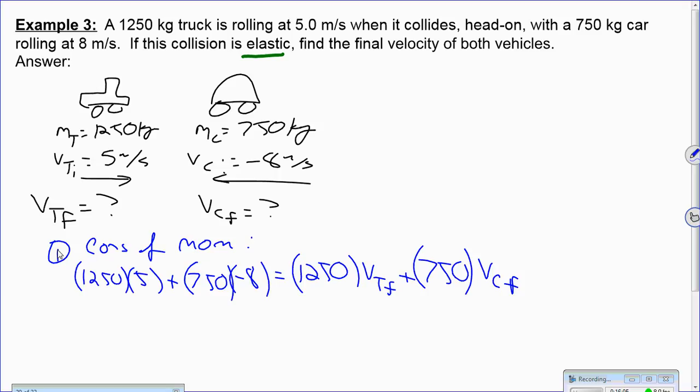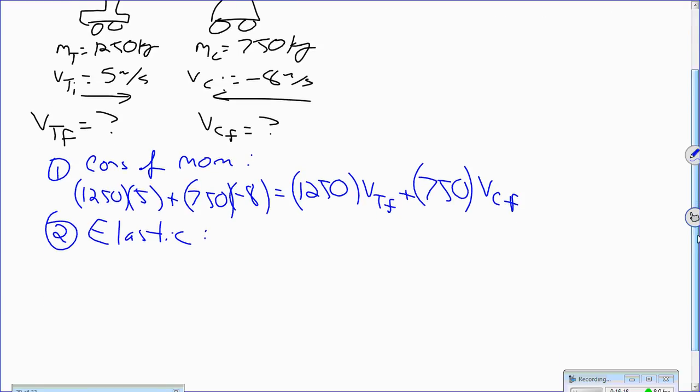All right. So equation number 2. It's elastic, which tells me that the velocity of the truck initially plus the velocity of the truck final equals the velocity of the car initial plus the velocity of the car final. So let's plug in our numbers.